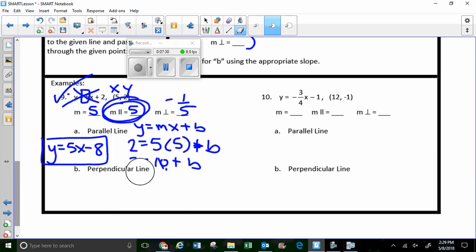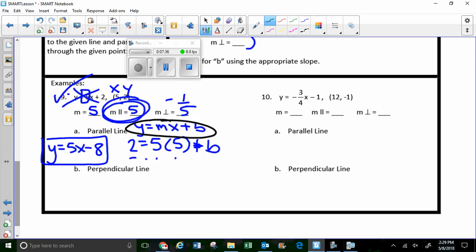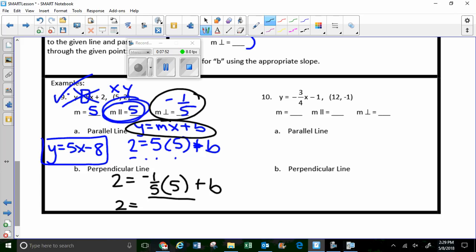Alright, next we're going to do the same thing but for our perpendicular line. So this time when I plug into y equals mx plus b, I'm going to use the perpendicular slope. So replace y with 2 and replace m this time with -1/5. X is still 5. And go ahead and solve. So I'm going to do -1/5 times 5, which is -1.